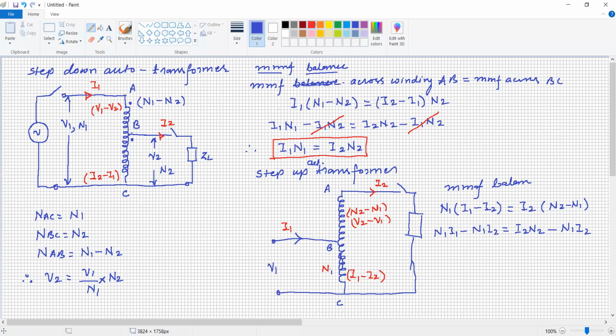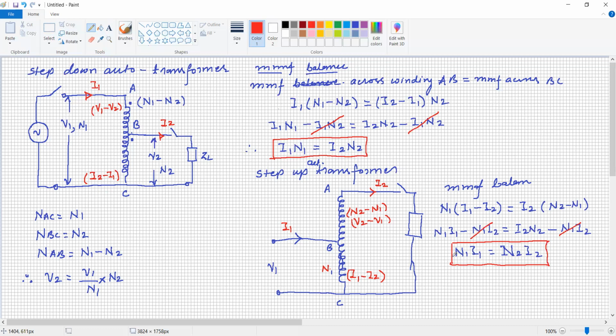Again these two similar terms get cancelled, and the remaining is N1 I1 equal to N2 I2. It is quite similar to the step down transformer. So the MMF balance is quite the same in both the step up and step down cases. This is the basic idea of the auto transformer.